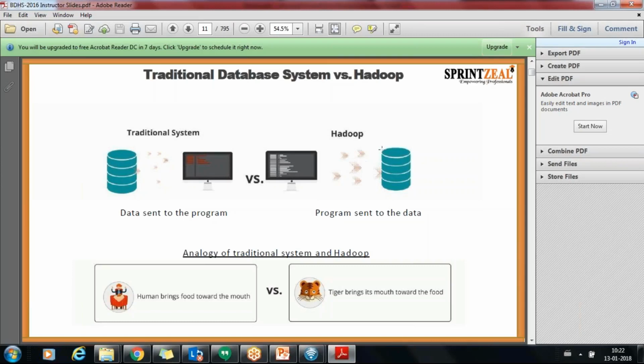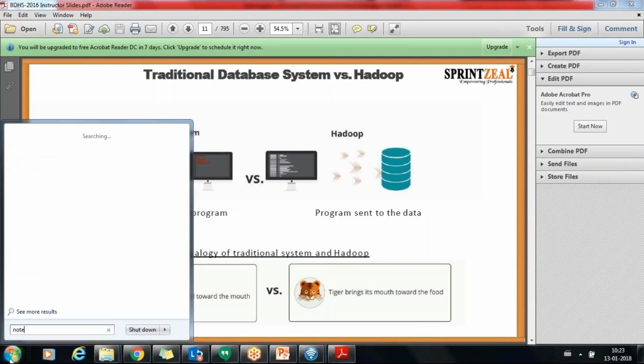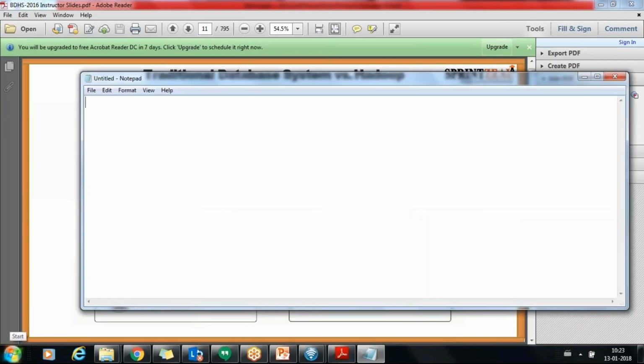That program will be run on multiple nodes wherever your data is present. Does it mean we are pushing multiple copies of the same program to different data? Absolutely, that's what we are doing. Multiple copies of the same program are pushed to multiple nodes wherever the data is present. Exactly, that's what is happening.